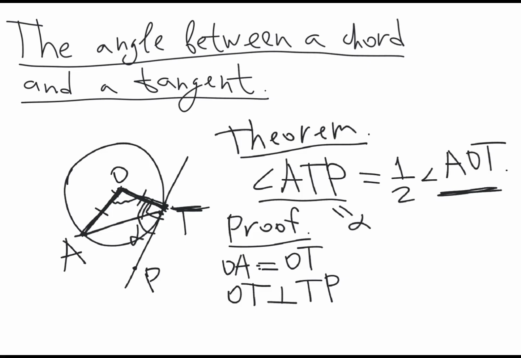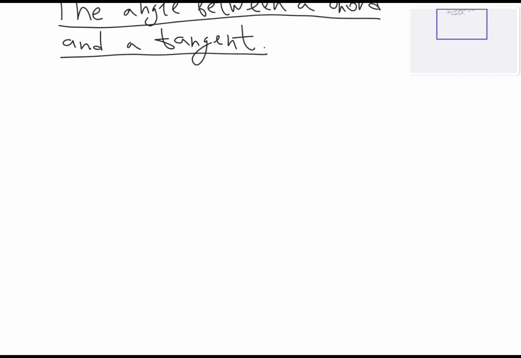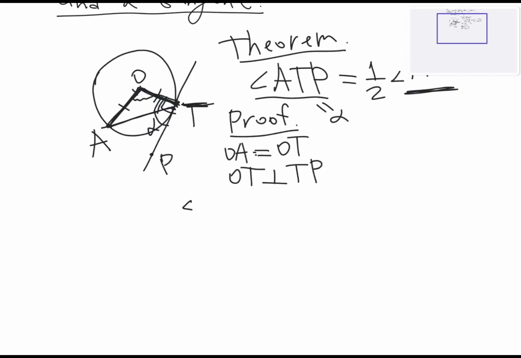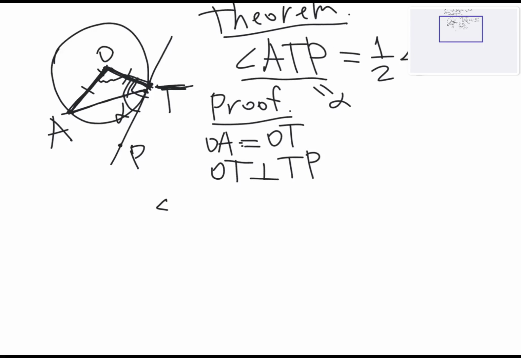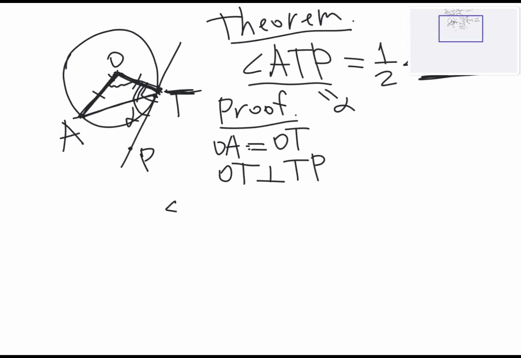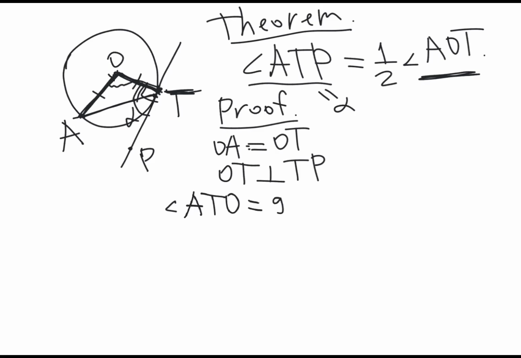So the angle ATO is equal to 90 degrees minus alpha. This is because OTP is 90 degrees, because of this.